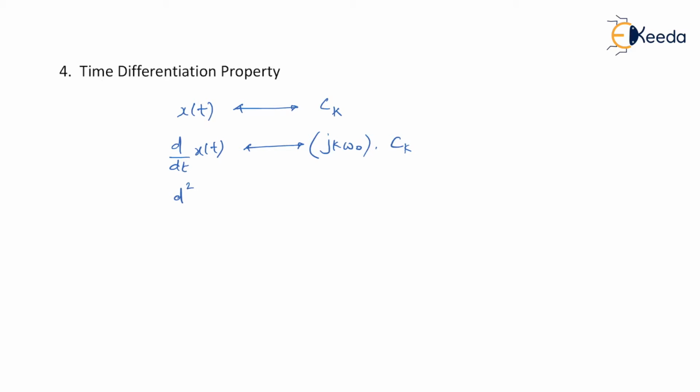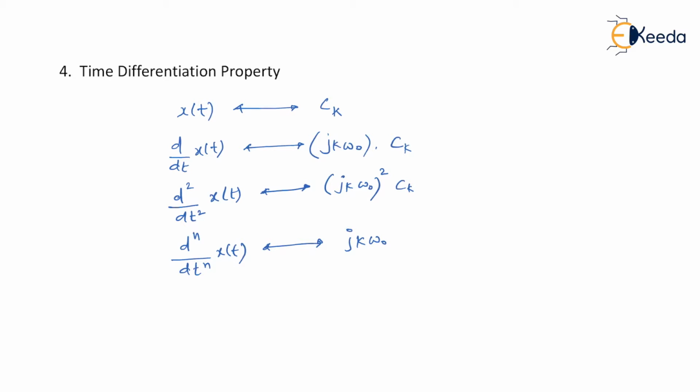For example, if you take double derivative, that is d square by dt square of x of t, then again we are going to multiply with the same term, but the only difference is that it is going to get squared because you have taken the derivative twice. So we can write it in general for nth order derivative. I'm sure you can figure it out. It is again multiplying with the same factor, j k omega naught raised to n, times ck, where ck is nothing but the Fourier series coefficient for original signal x of t.